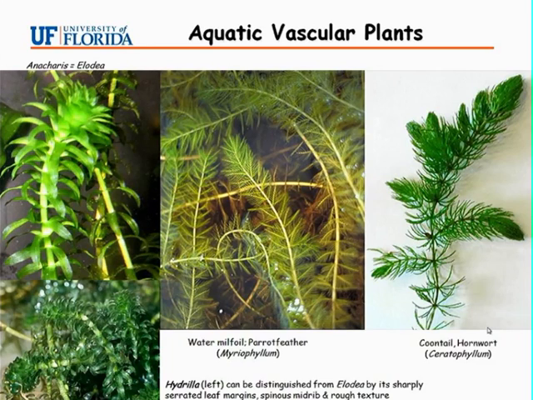It used to have another name, Elodea, some years ago, and that is commonly found in lentic bodies of water, non-flowing fresh water. It's also available in the aquarium trade for freshwater aquarium hobbyists. And below it is Hydrilla, which looks a lot like it, but it has spiny ribs, and the leaves are more serrated.